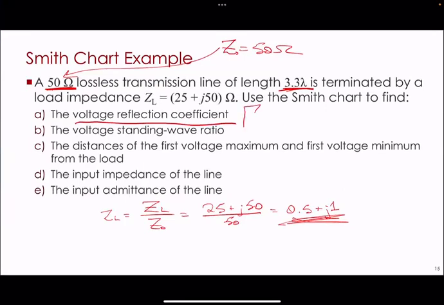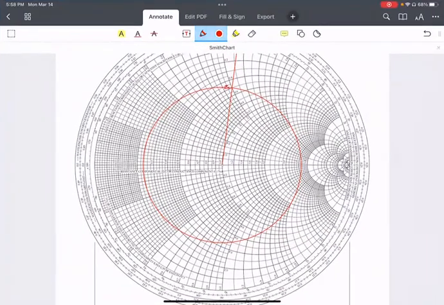The standing wave ratio, we normally give that an S, or sometimes maybe with a V, okay? So the gamma is the reflection coefficient. To get that, you've got some options. I'm going to give you a minute to try to do it. This is the one that we measured the last time, okay? If you've already done this, then work on the voltage standing wave ratio. If you've already done that, then look at part C.